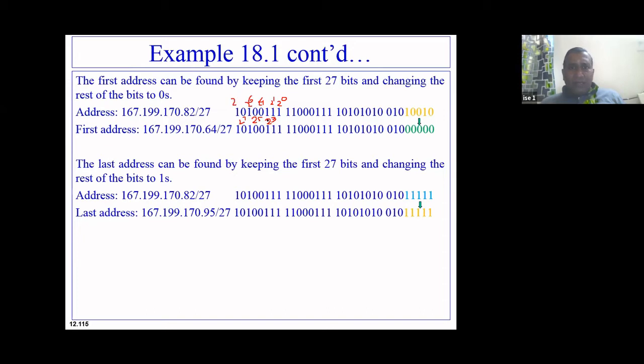I have missed 2 to the power 2. I'm sorry, this should have been 2 to the power 2. I have gone wrong. So sorry.